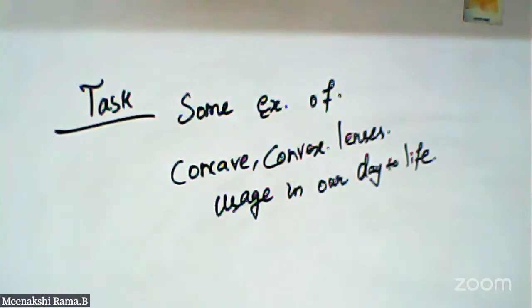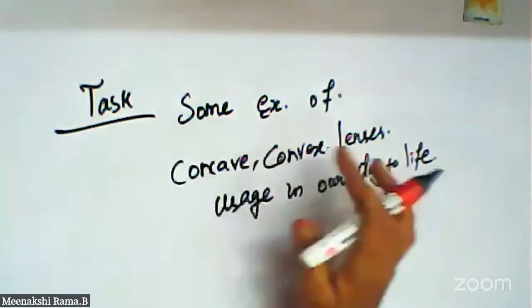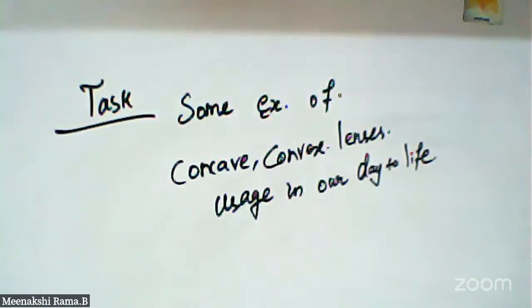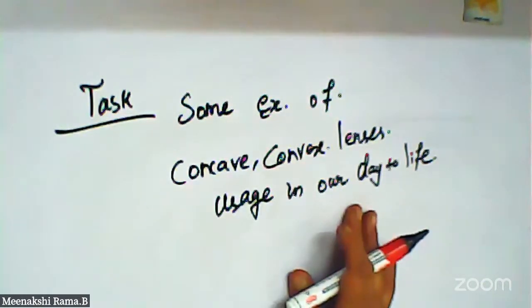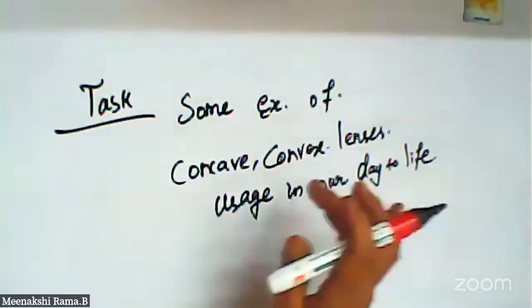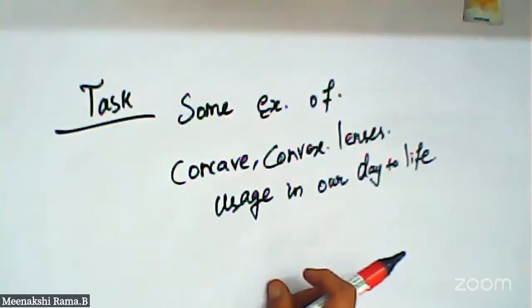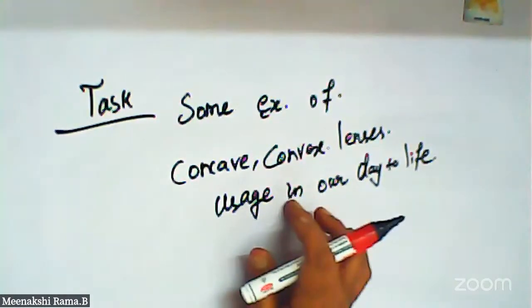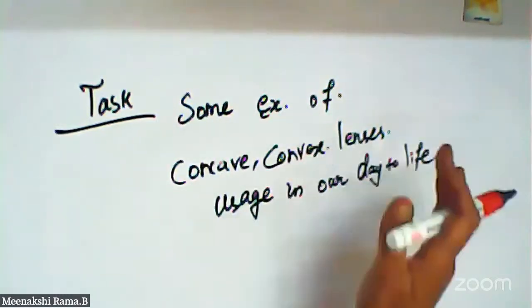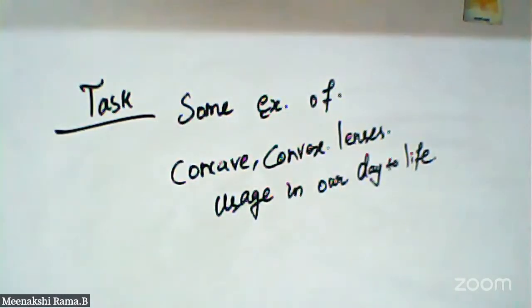In our day-to-day life, where we are using the concave and convex lenses, how the images are formed, and for what purpose we are using them. Okay, so it will help you learn some more about the lenses and the mirror also.